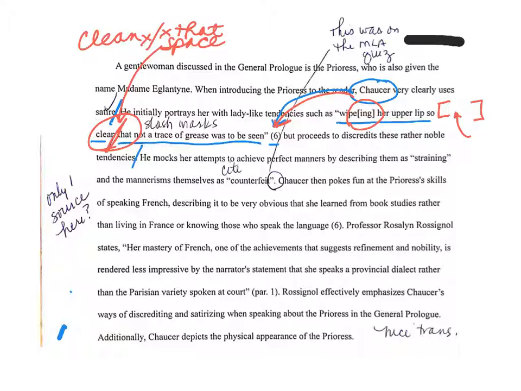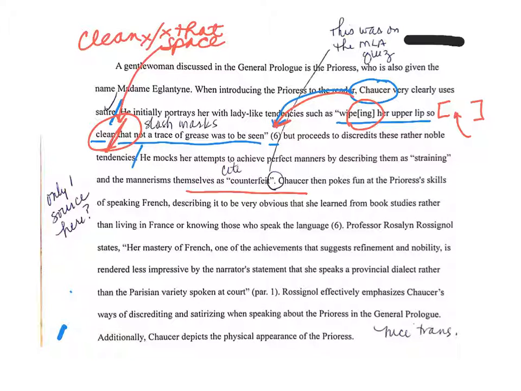Okay, so 2 more items on this page that I want you to notice. Number 1 here, let's look at this. So as we continue reading from our sentence, he mocks her attempts to achieve perfect manners by describing them as, quote, straining, and the mannerisms themselves as, quote, counterfeit. So she's quoting those 2 words for a reason. She's quoting them because she's pulling them from somewhere.